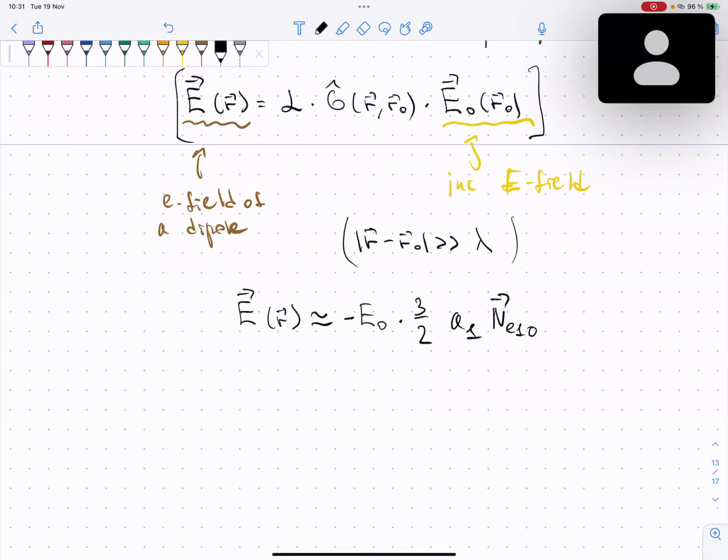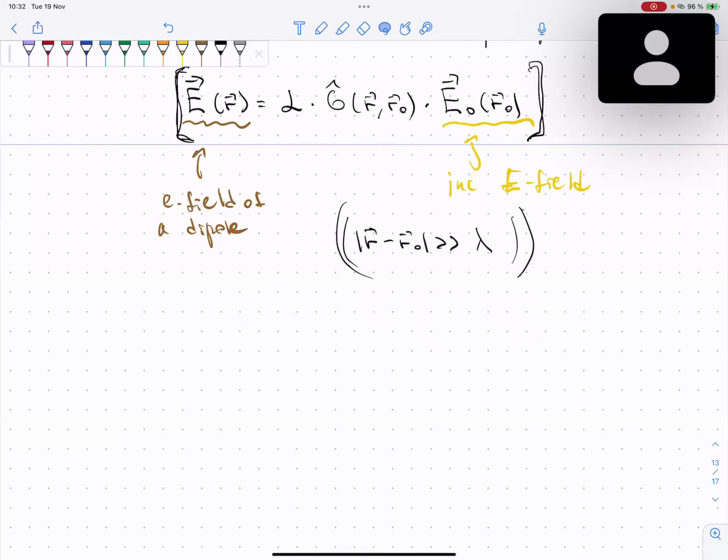What is important for the lecture is that if we take the far field limit of this, we will get that the polarizability of the particle can be expressed using this expression.